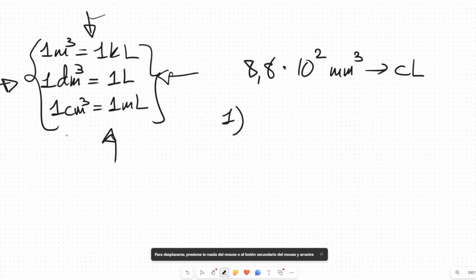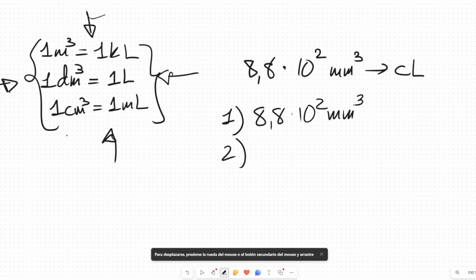So the first step would be writing down the number in scientific notation, but we already have the number in scientific notation, so this step is just pointless. The second step would be converting the cubic millimeters to a liter unit. But if we see the equivalences we've learned, I don't know any equivalence between cubic millimeters and liter units.